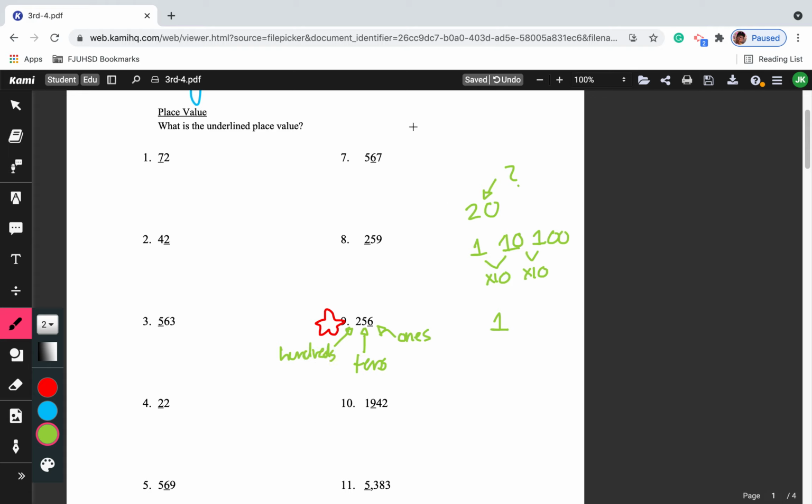What you notice is that every time we go this way, it goes ones, tens, hundreds, and this is thousands.